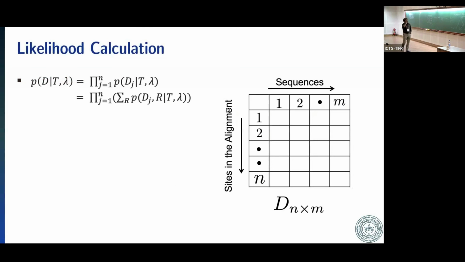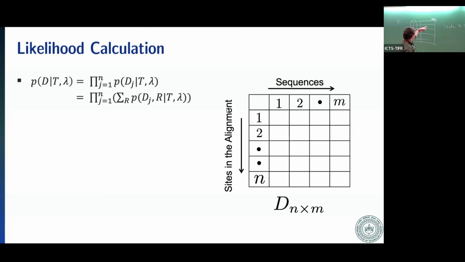Now one simplifying assumption that we are going to make is that each site is basically independent of each other, okay? So that means here n is denoting the number of sites. Let's change this notation a little bit, okay? Each row is a sequence, yes, okay?